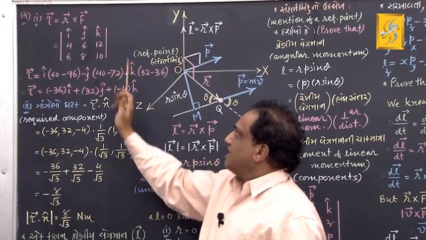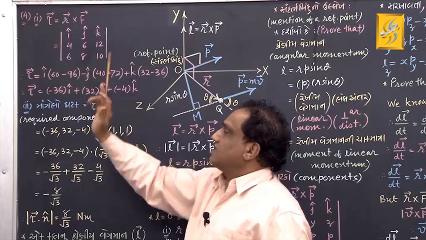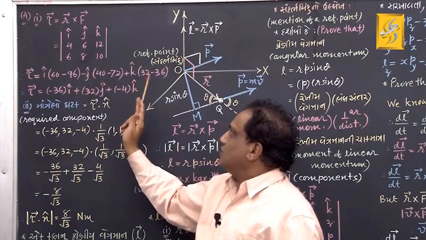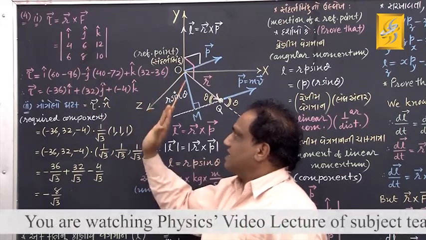And with a plus k hat, discard this column, discard this row. With plus k hat, what will be in multiplication? 4 into 8, that is 32, minus 6 into 6, that is 36.